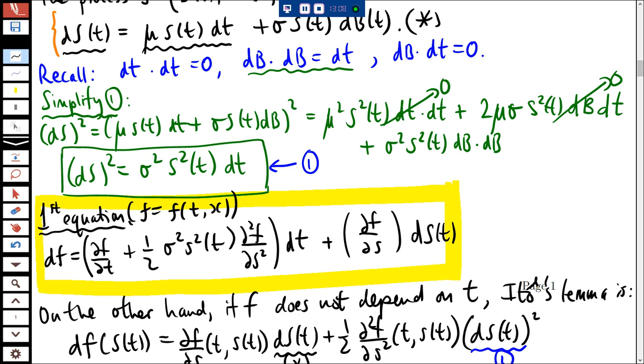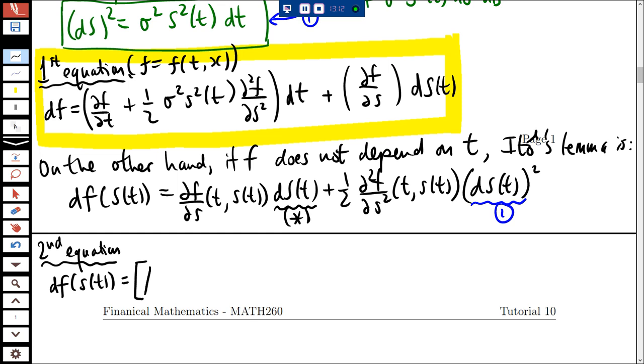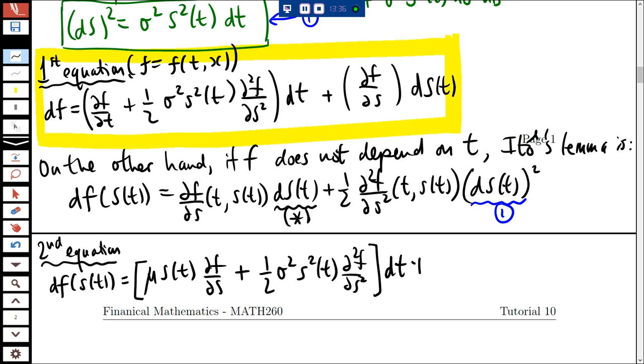So we have mu s t multiplied by the df ds plus, coming from the reference 1, we have half sigma squared s squared d2f ds squared dt, and finally the dB's, we have, so that's coming from the top, sigma s t df ds all multiplied by dB. Okay, so that's our second important equation.